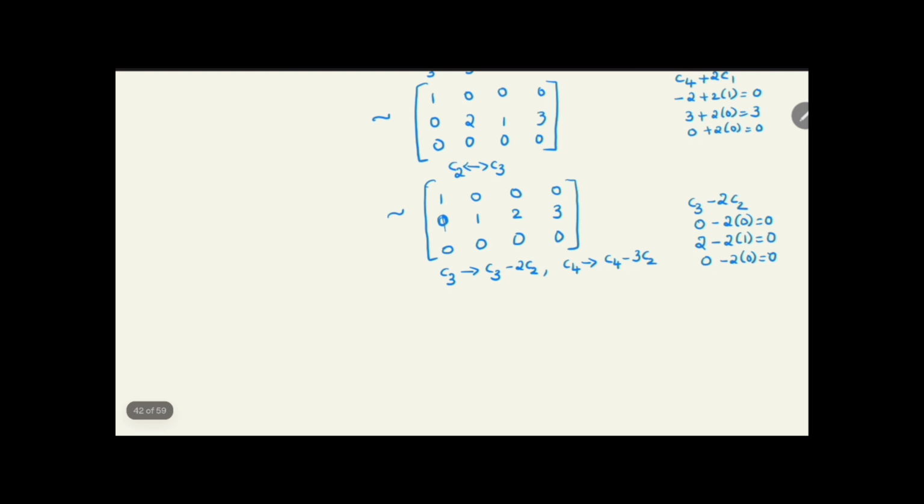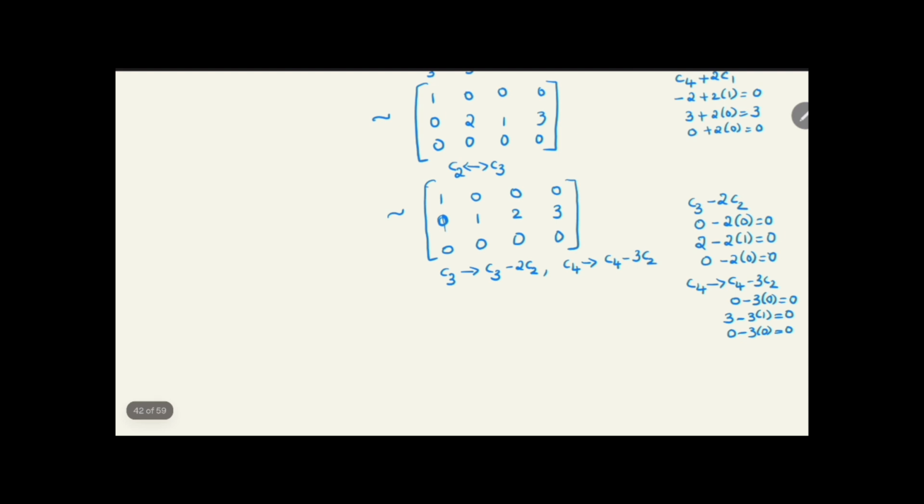Now the second column operation: C4 implies C4 minus 3C2. The first element of C4 is 0 minus 3 into the first element of C2, which is 0, so it becomes 0. The second element of C4 is 3 minus 3 into 1, and 3 minus 3 is 0. And the last one is 0 minus 3 into 0, which is 0.